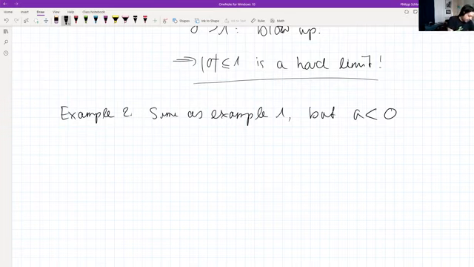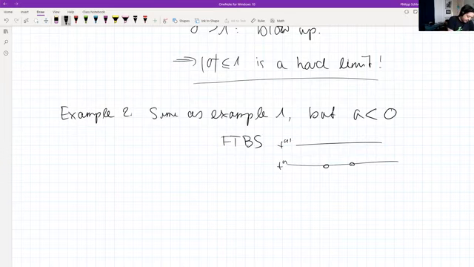That means we still have forward time, backward space. So if this is Tn and this is Tn plus 1, this is xj, this is xj minus 1, and these are my grid points. I still have the upwind scheme in the sense that I'm using xj minus 1 and xj to get the xj point at the new time level.